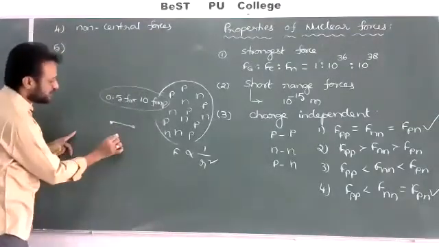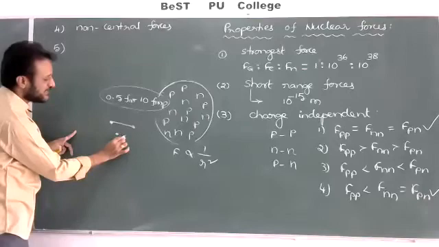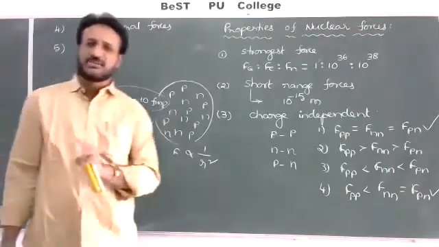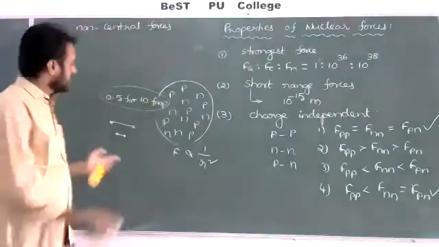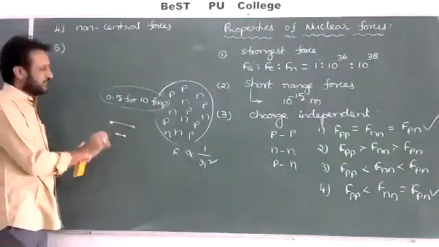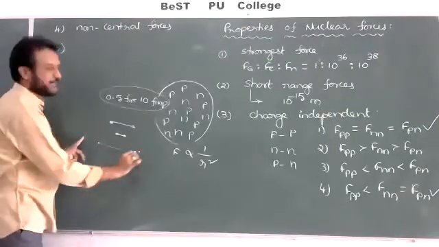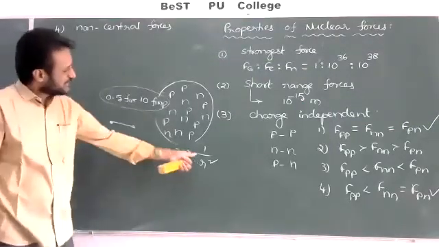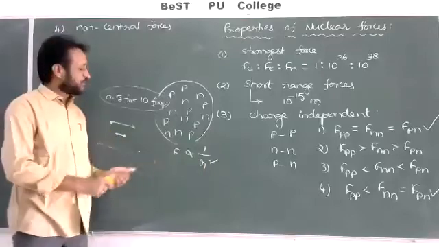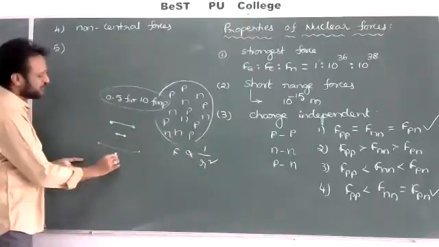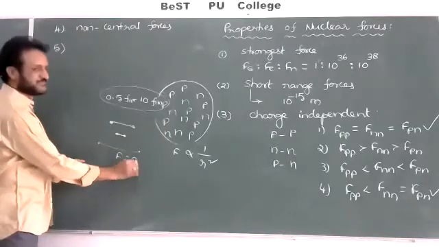Whenever the distance between the two nucleons is less than 0.5 Fermi, what will happen? They do not attract each other. Instead of attracting, they will repel each other. When I take two nucleons at more than 10 Fermi, what will happen? According to the inverse square law, we can expect the force to decrease, but the force does not merely decrease. The total force becomes 0.